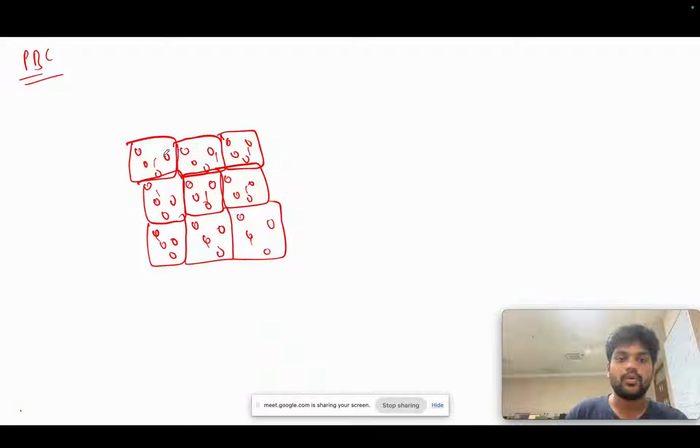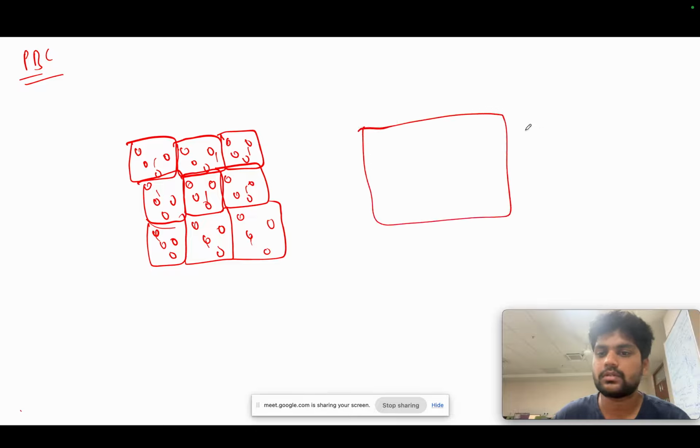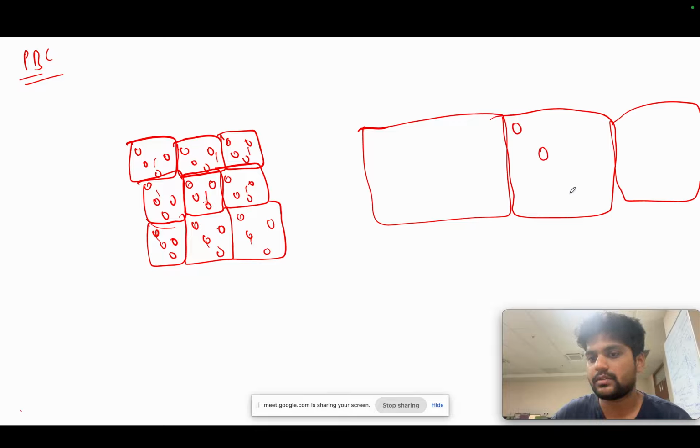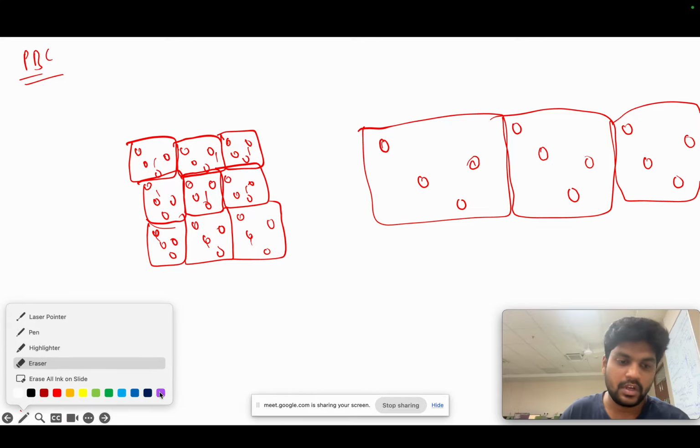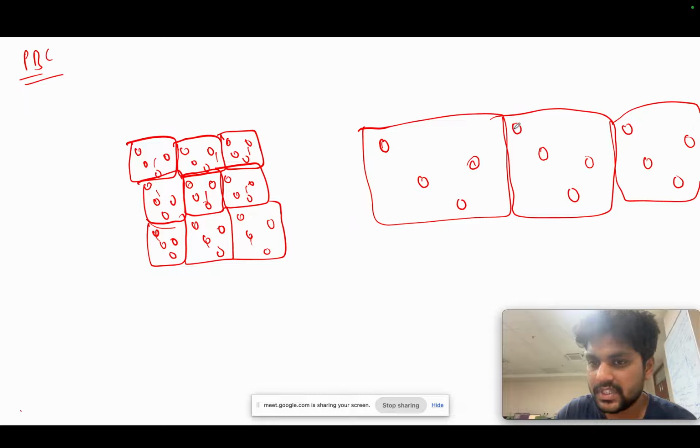Now suppose I am taking only these three conditions, and I'll make it a big box. Say we have the molecules like this. Assume that this molecule has a surface effect. If it goes out this side, it will come back into this box from the other side.